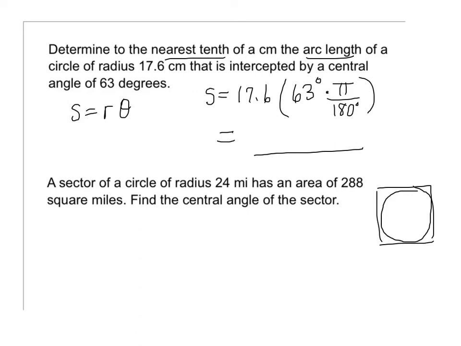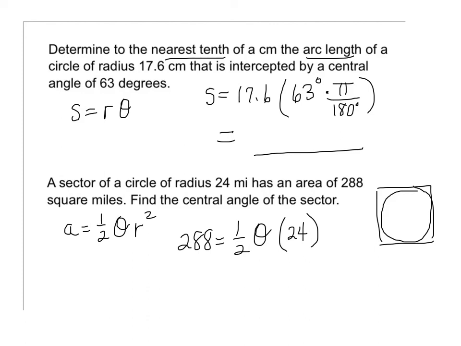So the area of a sector is equal to 1/2 theta r squared. Basically this one is just kind of a plug and chug. It says it has an area of 288, and that's equal to 1/2 the central angle, which I don't know, but the radius is 24 miles, and that would be squared. 24 squared is 576. 576 divided by 2 is 288 theta.